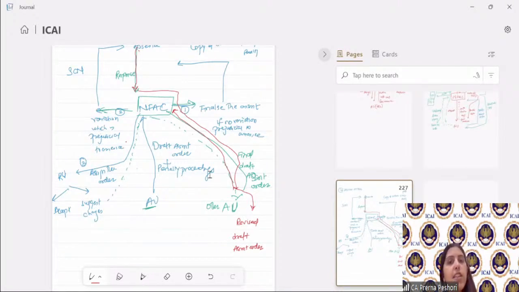Now again, NFSC has the option, in case there are no variations which are prejudicial to the interest of the assessee in comparison with the earlier draft assessment order or the final draft assessment order, then it can finalize the assessment. Correct? And in case it is a transfer pricing case, what can the NFSC do? It can pass the draft assessment order.